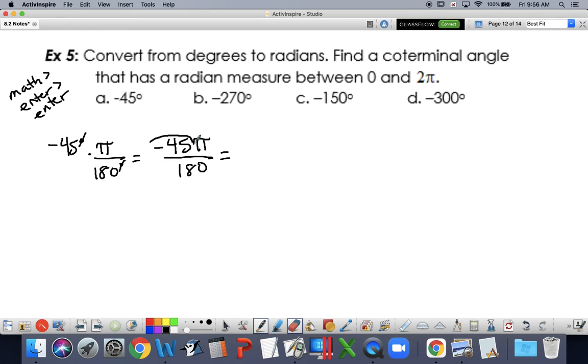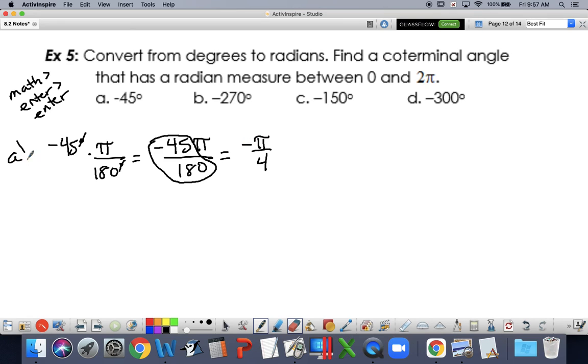I'm going to use my calculator to simplify this fraction for me. I put into the calculator negative 45 divided by 180, and then math enter, and I get out negative 1/4, or negative pi over 4. So there we go, we've converted it into radians.